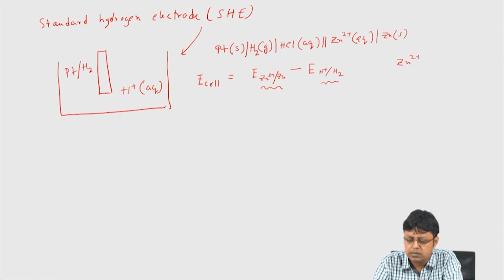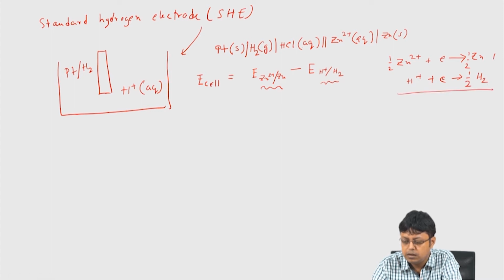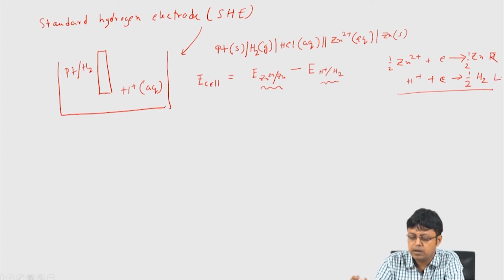Say zinc 2 plus is taking 1 electron going to say zinc, so then it has to be half, and the other reaction is half of hydrogen, sorry, it will be just H plus plus electron going to half H 2. So, that is the other half, and this is my right electrode right now, and this is my left half cell. So, right minus left we have to calculate.